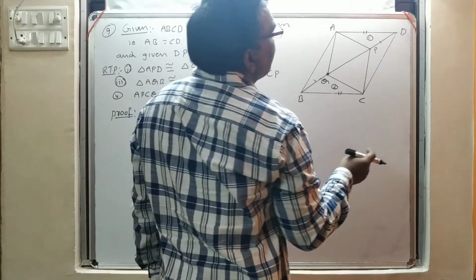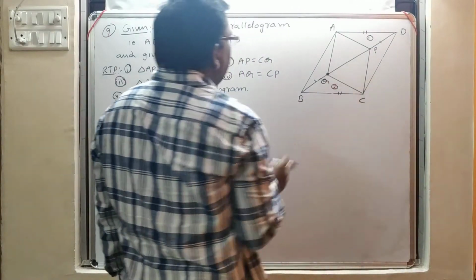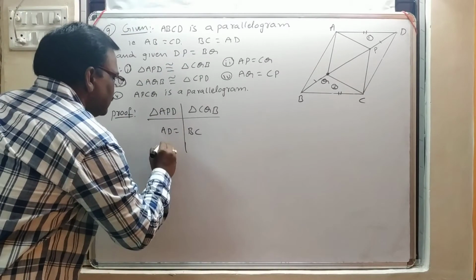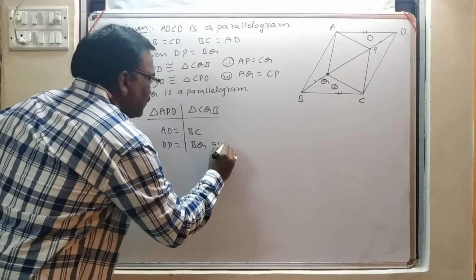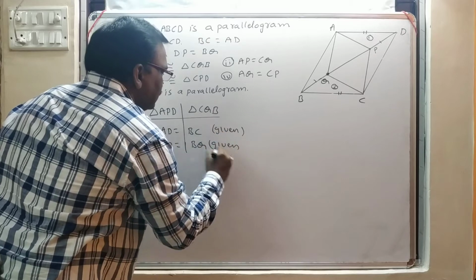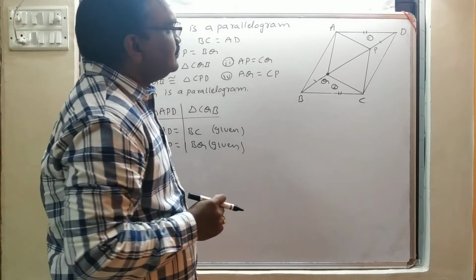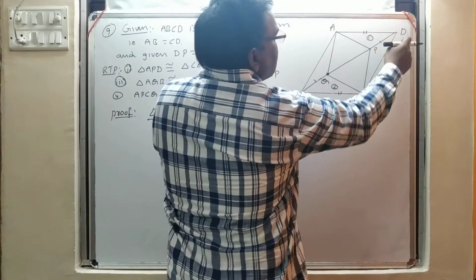Next, DP is equal to BQ, given. But there is one more condition. ABCD is a parallelogram, and this is a transversal.